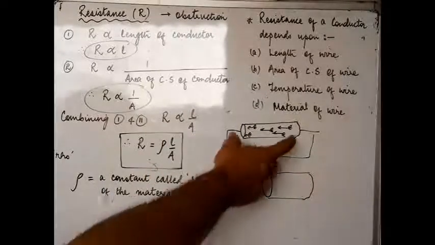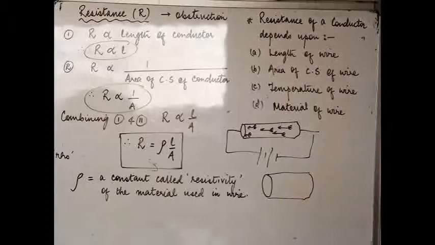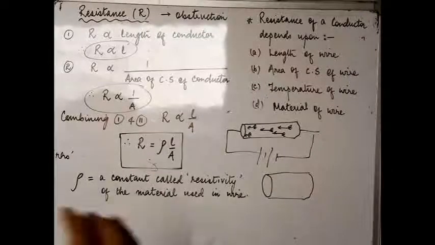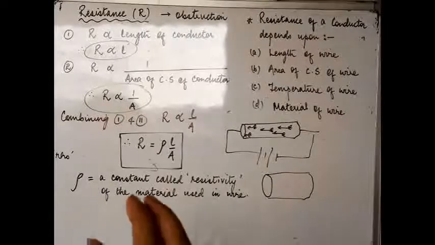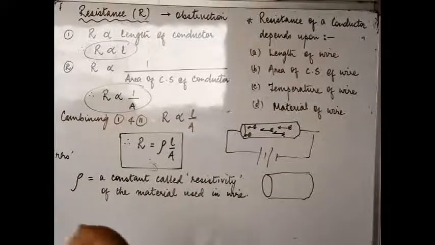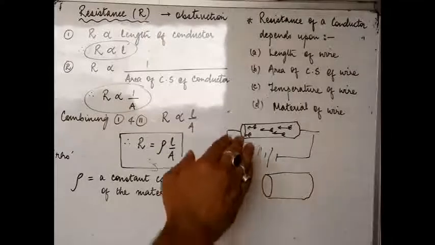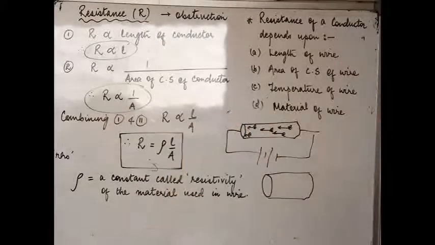Suppose this is the wire we are talking about, and we are sending current through it continuously. After a long interval of time, it is bound to get heated up. You all have experienced it in your homes. With continuous flow of current for a long time, the wire gets heated up, and that heat gets imparted to these free flowing electrons, and they become even more vigorous.